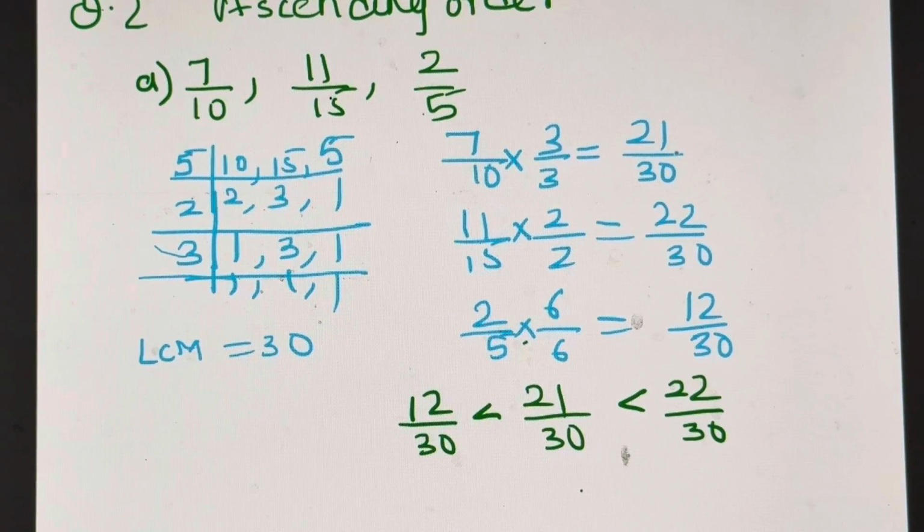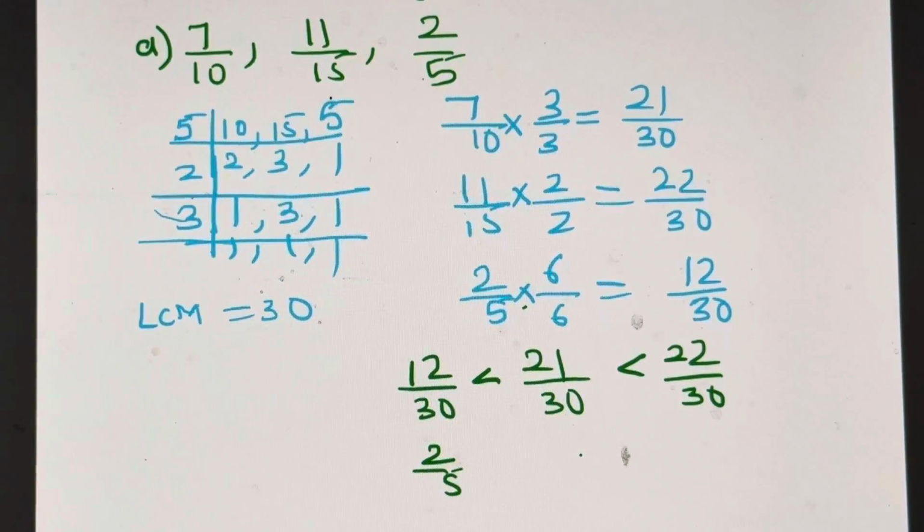And at the end, write the original form. So 12 upon 30 is 2 upon 5. Okay. You can write the original form always. Is less than 21 upon 30 is 7 upon 10 is less than 11 upon 15. That's your answer number A.